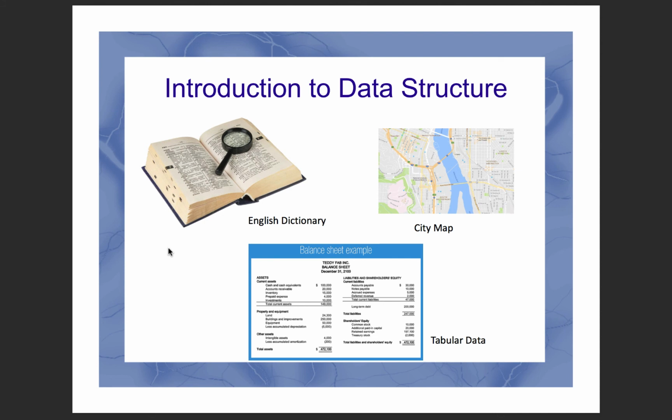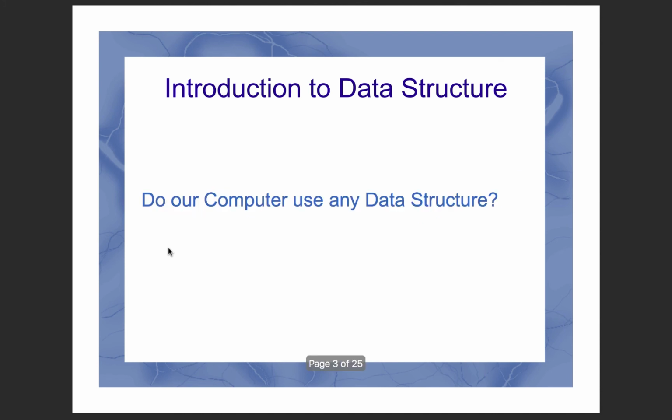The balance sheet structure is very organized, so anybody can understand what the current assets are, how much they already paid, and how much they earned. So that information can be easily found or organized in this balance sheet. So in real life also we are storing data in an organized way. You can see that these are real life data structures.